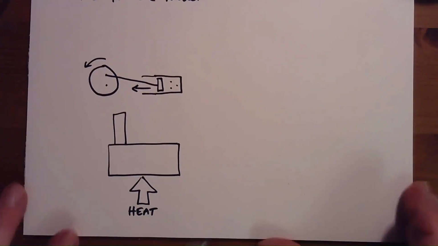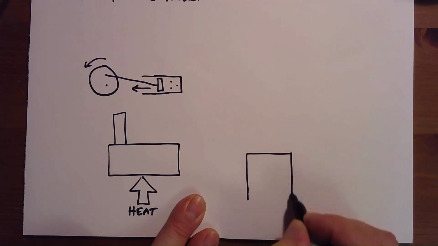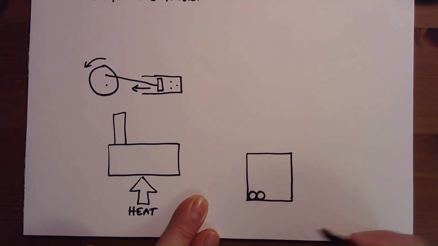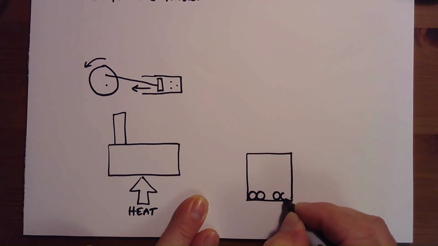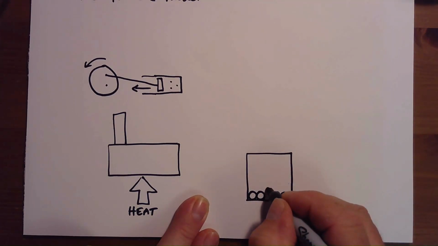Okay, in terms of the particle model, we start off with liquid water, so we can represent the particles of water with a circle. I'll try and draw them all the same size because that way they represent the same substance. Each particle is the same substance, each particle is water.